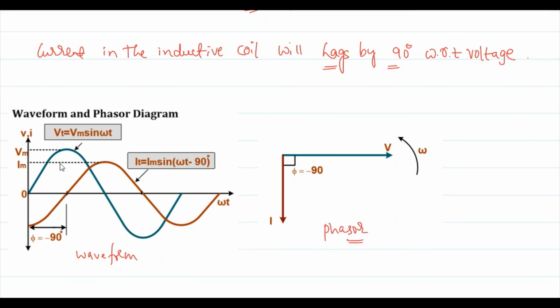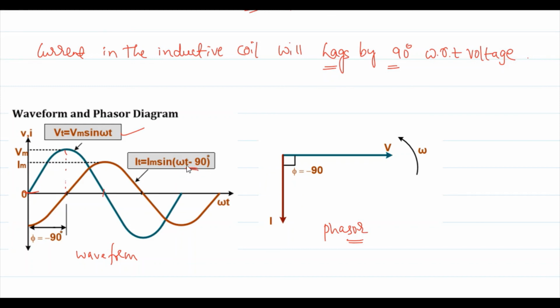Here the instantaneous voltage is given by vt is equal to Vm sine of omega t, meaning at time t equal to 0 its value is 0, then it reaches a maximum value, then it becomes 0 again, and so on. But in case of current, it is equal to Im sine of omega t minus 90 degrees, meaning it is lagging by 90 degrees.